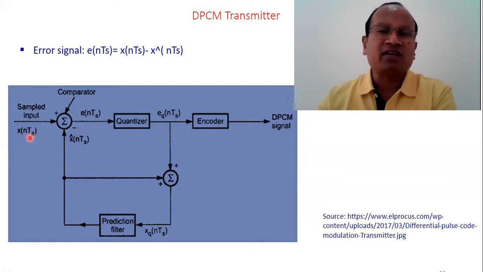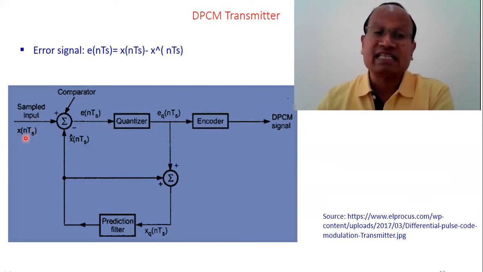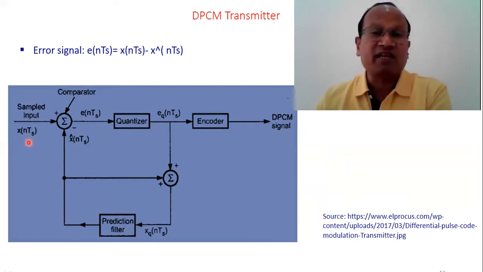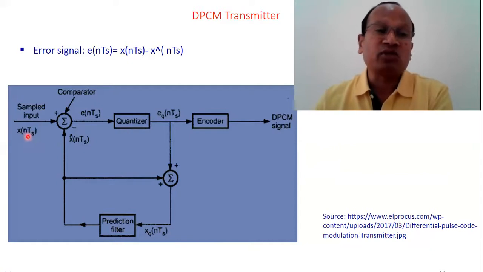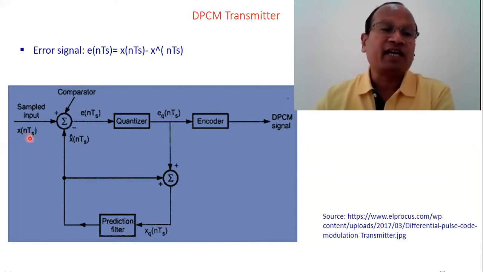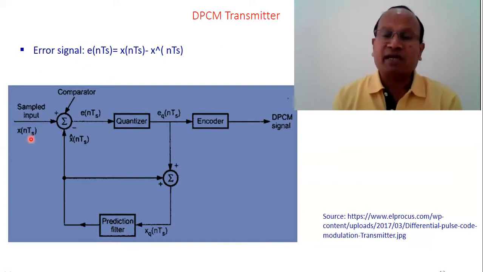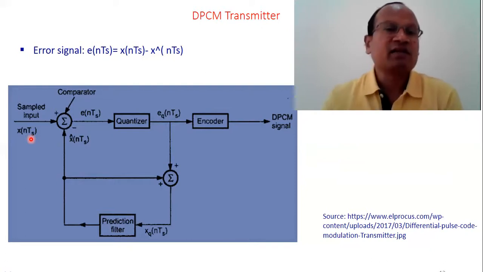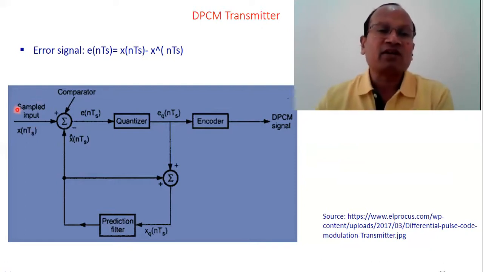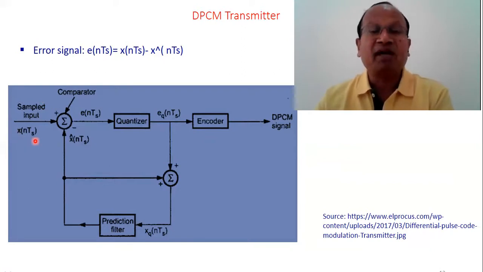We do not write the analog signal as x(t). In place of a small t, we have written nTs, where n is an integer and Ts is the sampling period. When we change n as 1, 2, 3, 4, 5, 6, 7, we get different pulses at Ts, 2Ts, 3Ts, 4Ts, 5Ts. These are different sampling intervals with different pulses. So this is not an analog signal, but a PAM signal, a sampled signal.